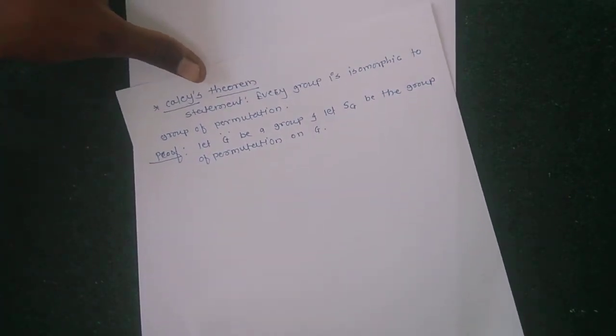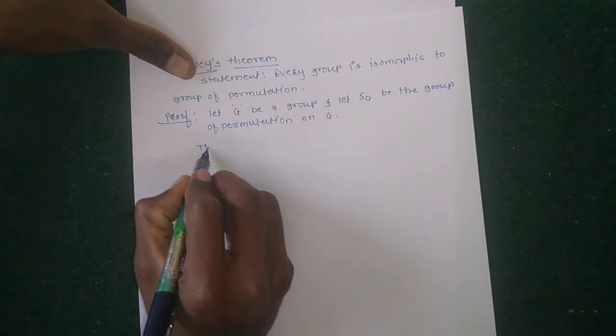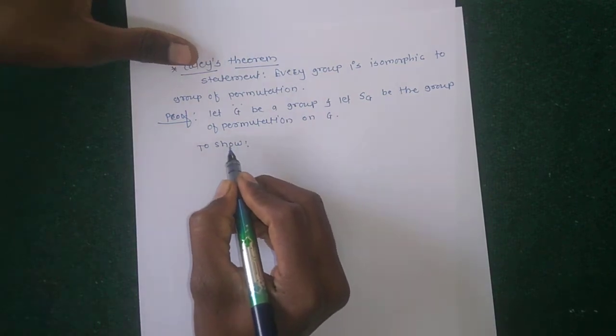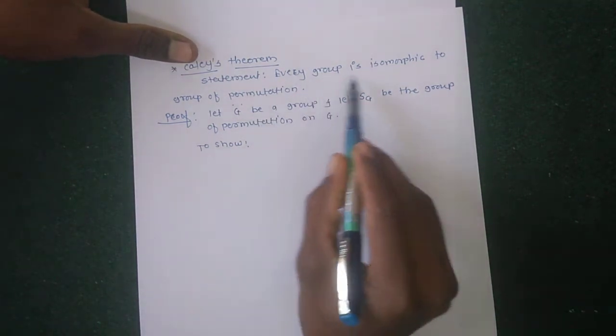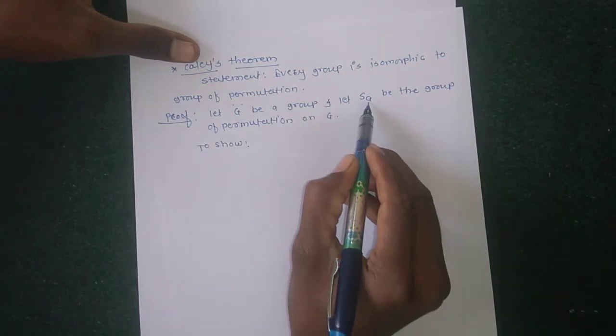To show that every group is isomorphic to a group of permutations means G is isomorphic to S_G.